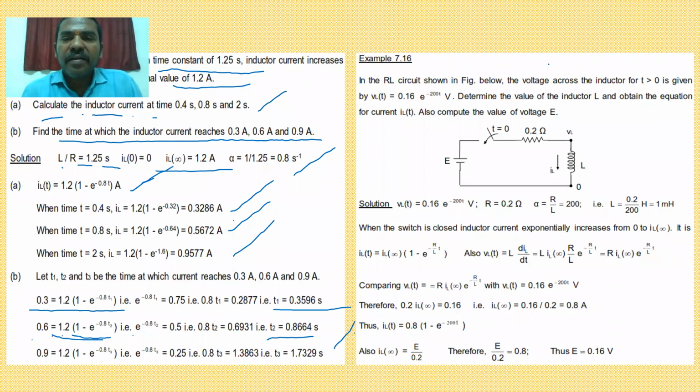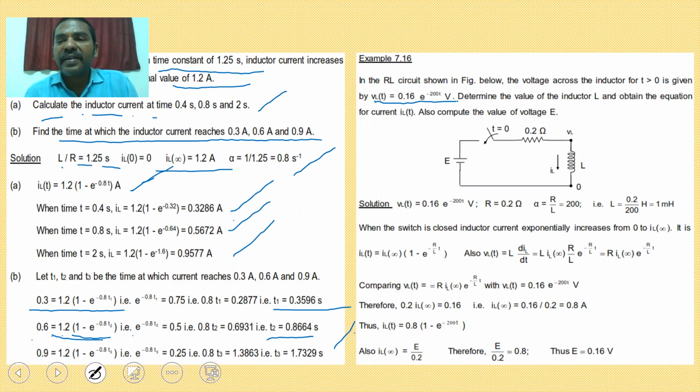Then come to the next problem. An RL series circuit is there. The voltage drop across the inductor for t greater than 0 is given as VL of t equal to 0.16 e power minus 200t volts.